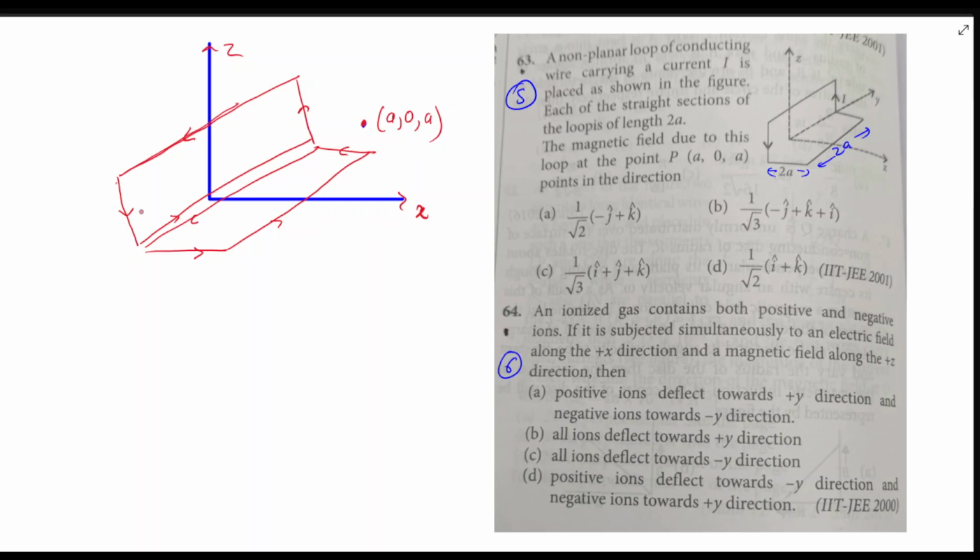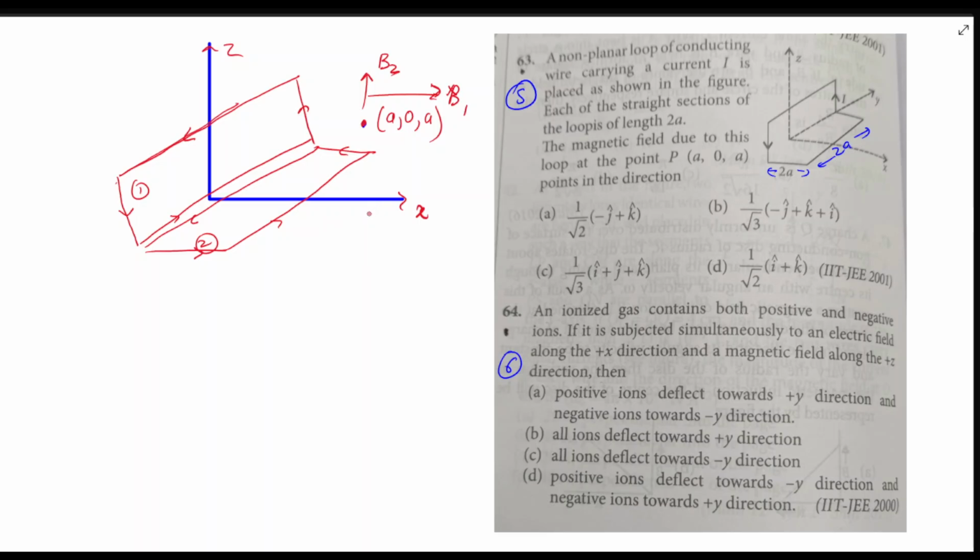We just have to find the magnetic field due to this, and we know it will be in the x direction. Let's say this is our first plane, this is our second plane. The magnetic field due to the first will be in the x direction, and due to this one it will be in the z direction. So the net magnetic field will be in the x and z directions only.